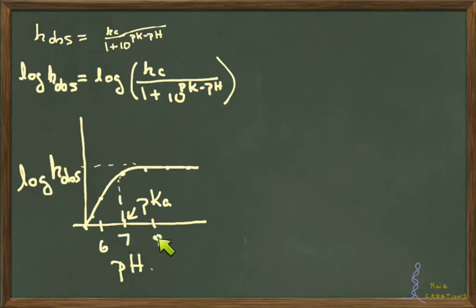When the pH is 8, it's 1 unit above the pKa, so 90% is in the functional form, 10% is in the non-functional form, then 1%, then 0.1%, and so on until it's level.